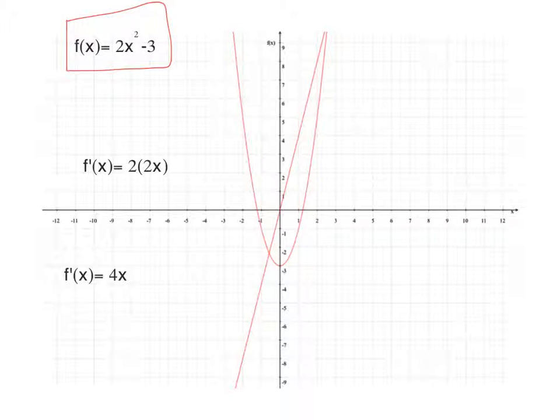And we don't have anything for the minus 3 because this number is a constant. The derivative of a constant is equal to 0.